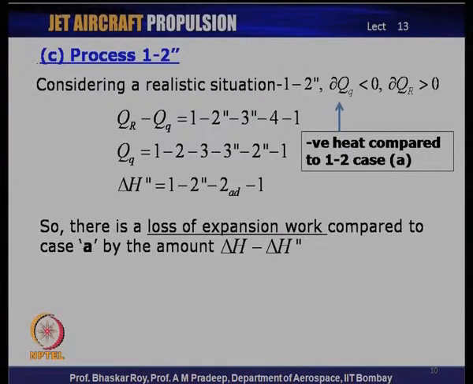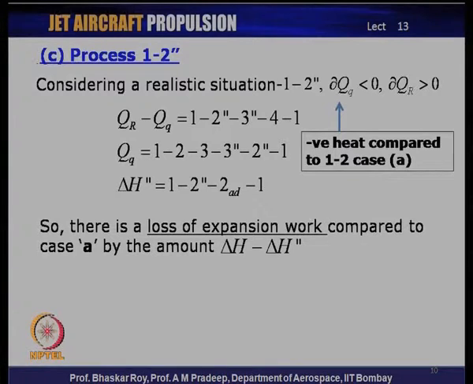Now, the result is that we can write down delta H prime, the Q heat that is being taken out, the negative heat, from 1 2 3 double prime 2 double prime 1, that is shown in the diagram.